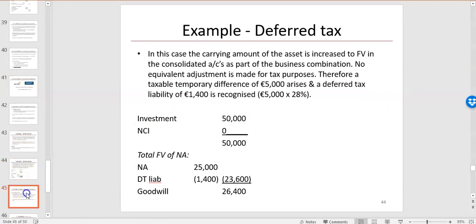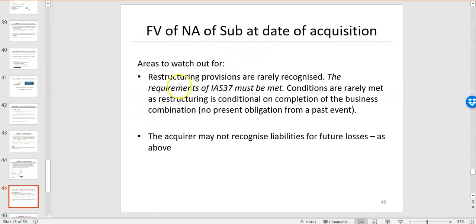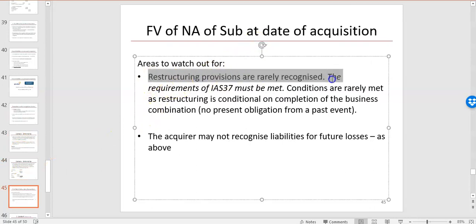All right. So the other areas to watch out for is restructuring provisions are rarely recognized. So even if you buy a subsidiary and you're thinking, I'm going to restructure this company, these are not allowed in IAS 37. And there's no exception, unlike where you're talking about contingent liabilities. There's no exception. The requirements of IAS 37 must be met.